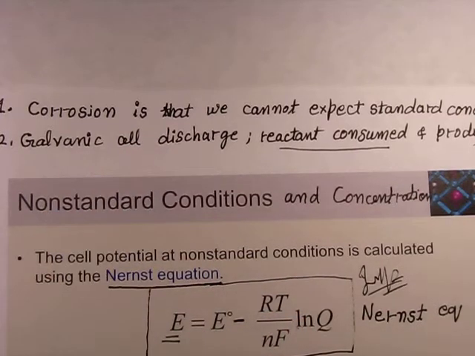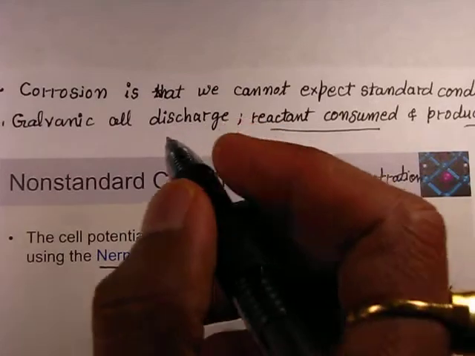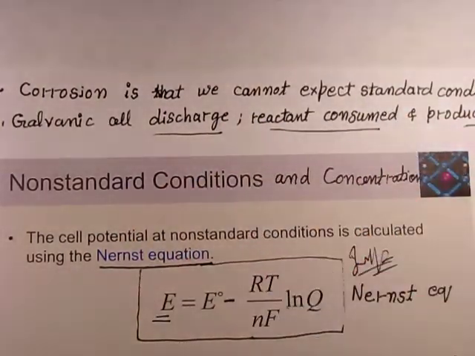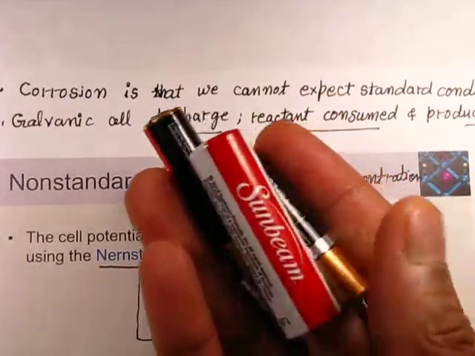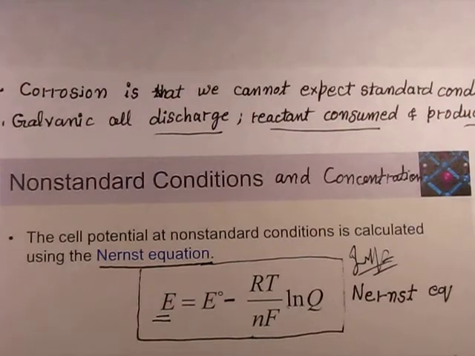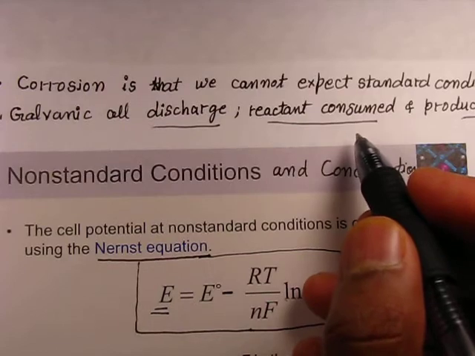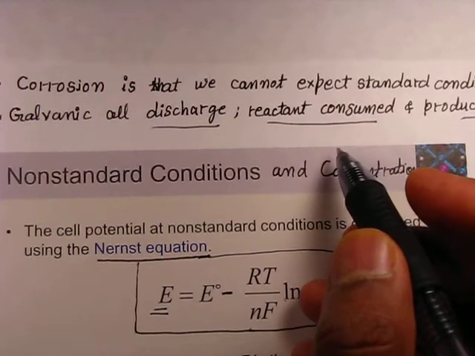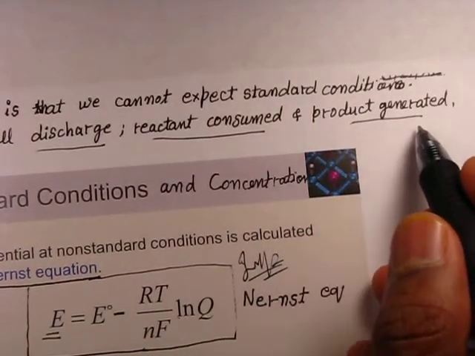Another example is this: if we have a battery which is slowly discharging, like our cell phone batteries, right? Or any batteries, AA cells, these batteries slowly discharge. What happens once they slowly discharge is that the reactants in the batteries, like electrolytes, start being consumed and produce some product.